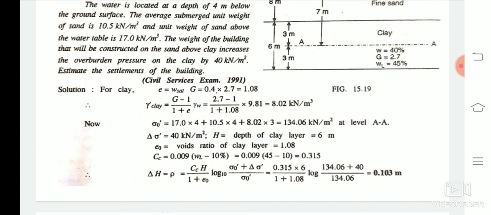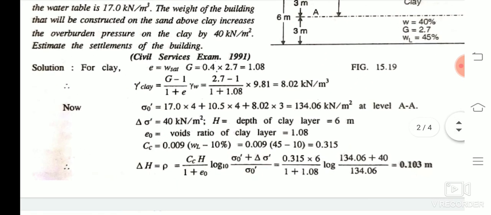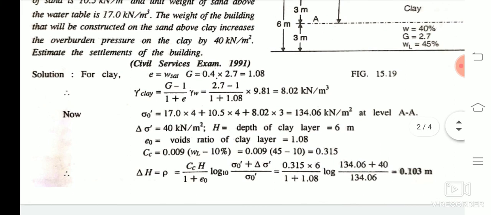The total depth of the clay layer is 6 meter. Void ratio has been provided as 1.08. So how will we get the value of Cc? In this case, the compression index has to be taken from the formula Cc = 0.009 (liquid limit minus 10%). The liquid limit has already been given for the clay layer as 45%. So 0.009 multiplied by (45 minus 10) gives 0.315.